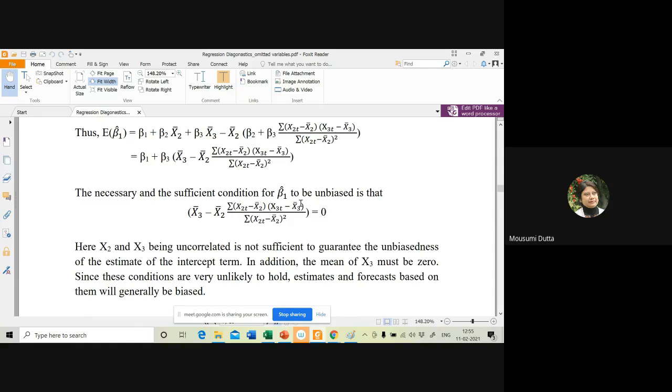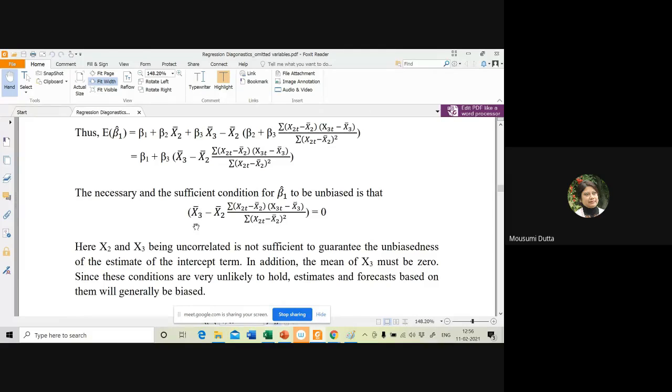So let's look at the thing. If you consider there is no correlation between x2t and x3t, this second part will vanish. However, the first part is there. Okay. In addition, the mean of x3 must be 0.